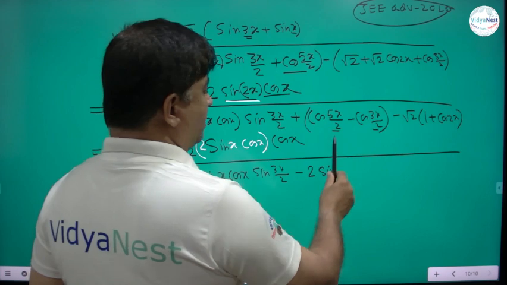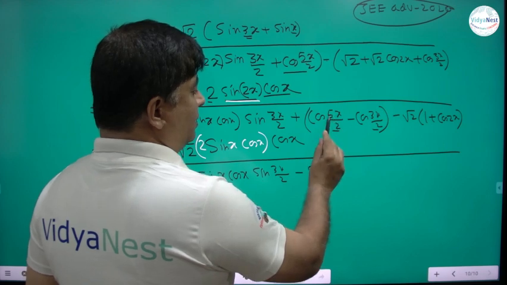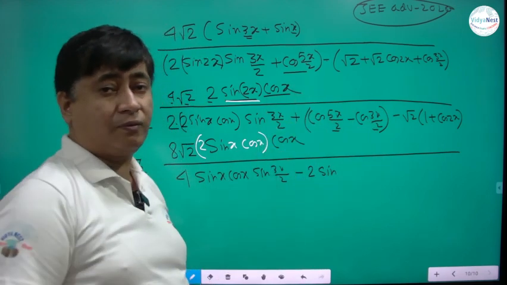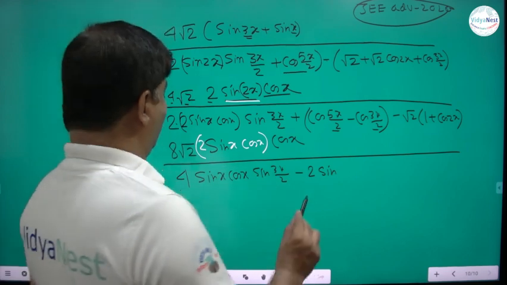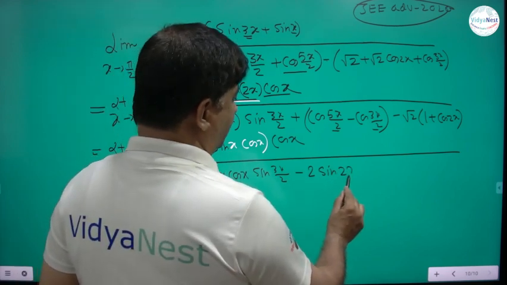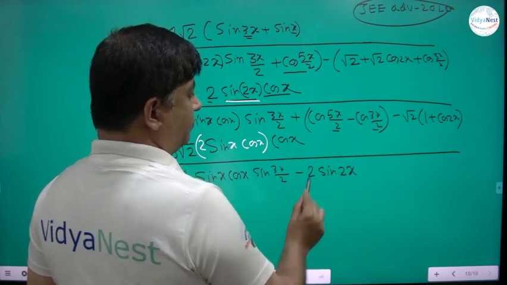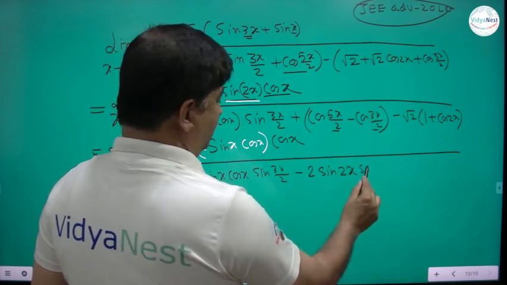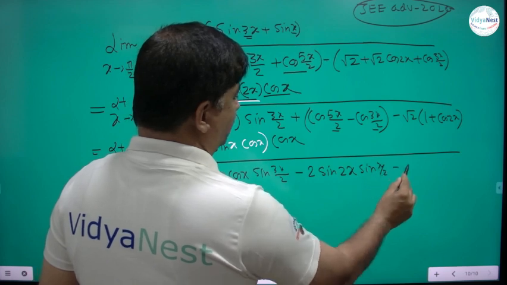Cos C minus cos D, 2 sin C plus D by 2 means 5x by 2 plus 3x by 2 by 2, means 8x by 4, sin 2x, into sin C minus D by 2, 5x by 2 minus 3x by 2, that means sin x by 2.